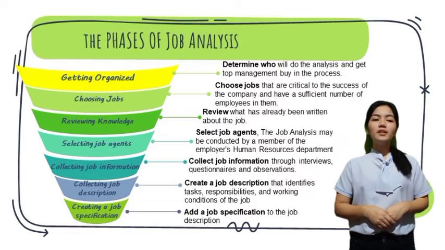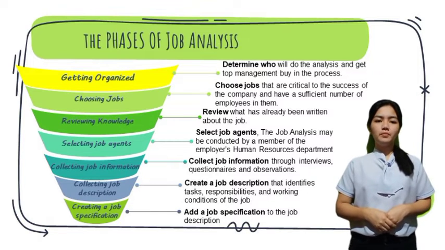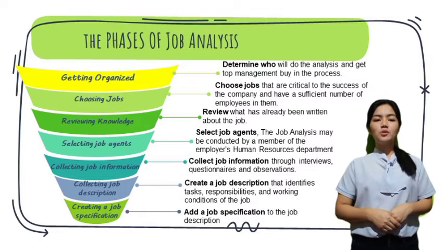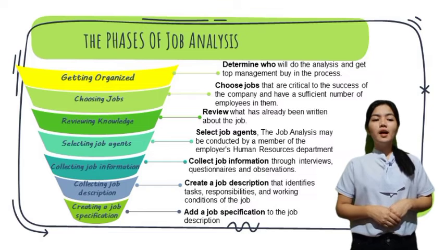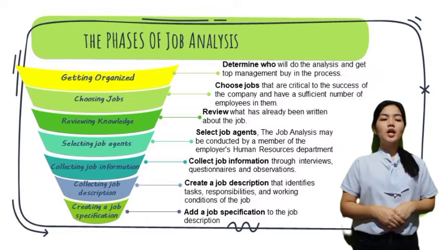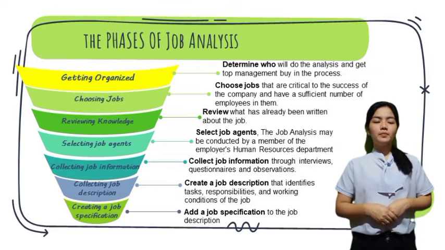Next is collecting job descriptions. So create a job description that identifies tasks, responsibilities, and working conditions of the job, like task analysis inventory, critical incidents technique, and position analysis questionnaire.